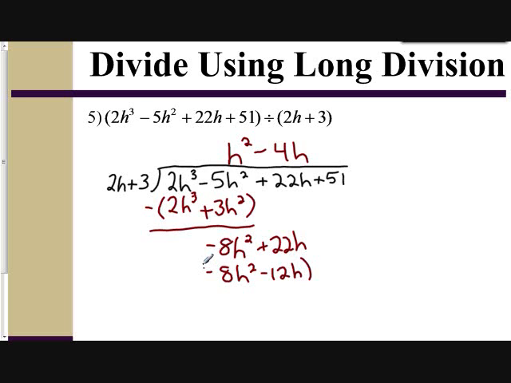Subtract that entire expression, which remember means that negative gets distributed to both terms. The first term cancels, and you get 22h minus a negative 12h. Minus negative means addition, so 22h plus 12h is 34h. Drop down our positive 51.